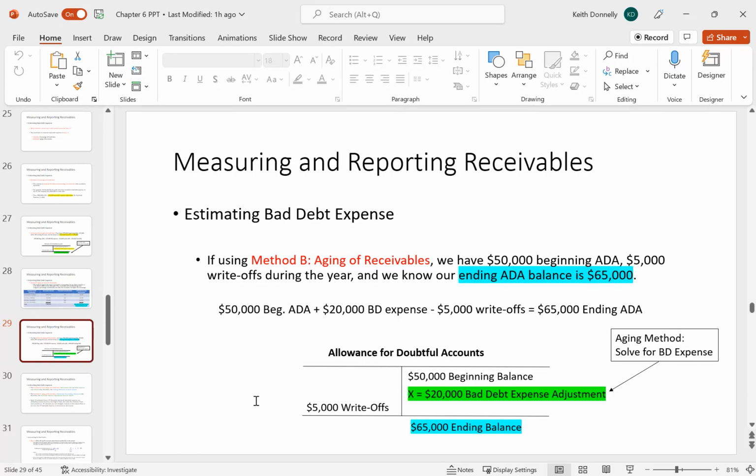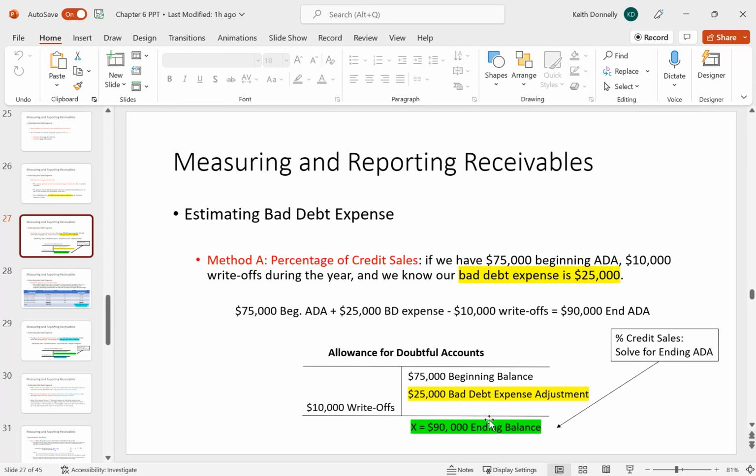So here's the idea. If you use method B, you're going to be getting the ending balance here. You'll have the beginning and the write-offs, and you need to solve for the bad debt expense adjustment. So method A, solve for the ending; you are actually calculating bad debt.